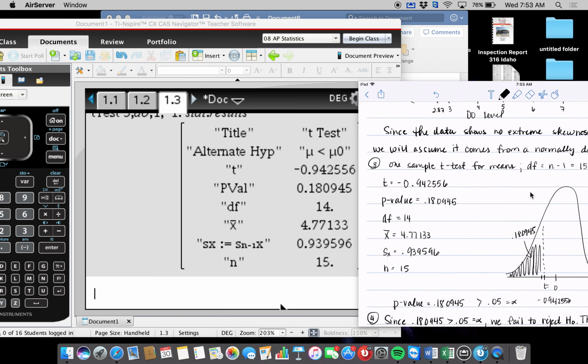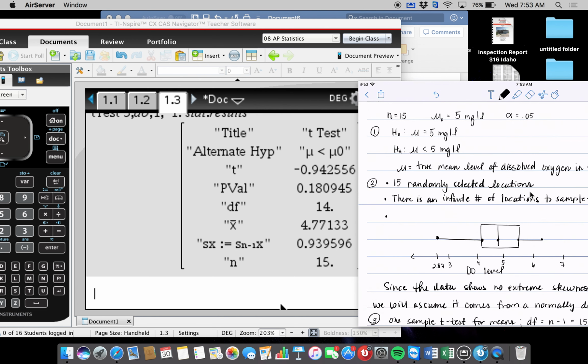We could have also put that the true mean level of dissolved oxygen in the stream is less than 5 milligrams per liter. So keep that in mind.